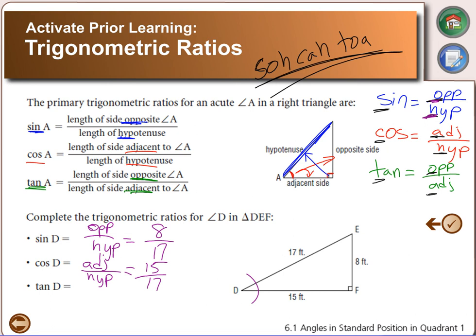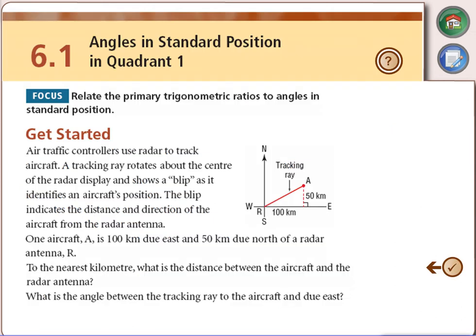And then we've got our tangent, opposite compared to the adjacent side. The opposite side is 8. Compare that to the adjacent side, which is 15. So we've got 8 over 15. And again, lowest terms? Yes, it is. Now we're ready to get started with the questions there.